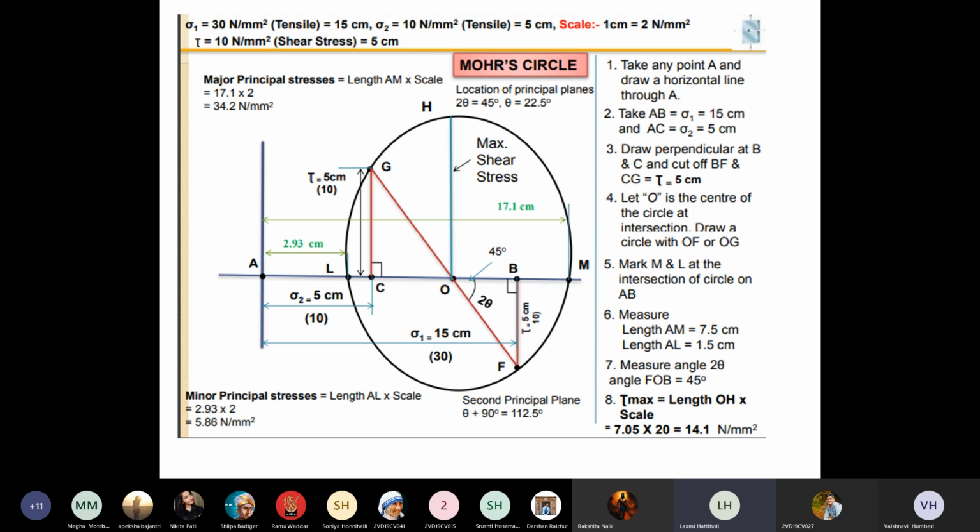We know this fact in a Cartesian coordinate system. Suppose they give you any direct stress as compressive stress, then you need to alter the values depending on the origin. You need to take it at the positive or negative side in the Cartesian system. That's how you need to follow. Okay, is this understood to you all?